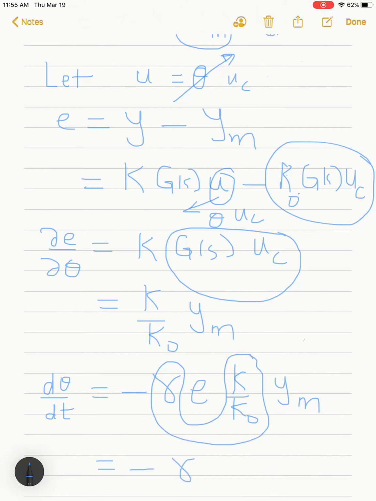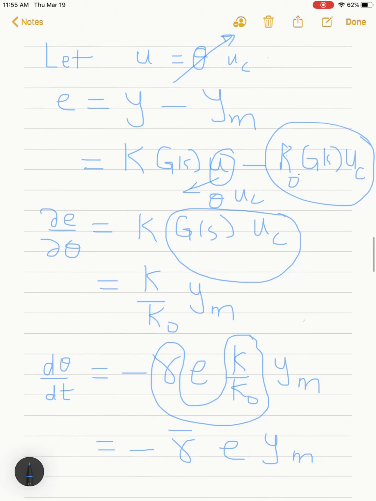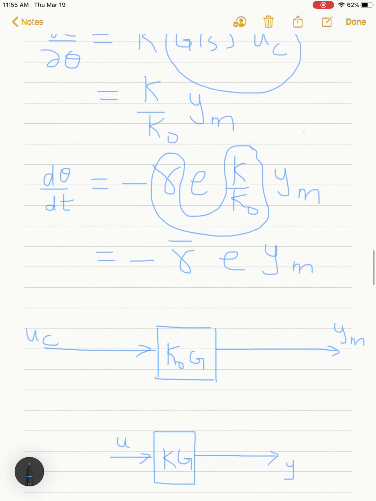So I will call that gamma, say, bar, and that would be e times ym. However, this assumes that at least I have to know the sign of the unknown parameter k. So I'm assuming here k is just greater than 0. It's a positive number. This is just an assumption. So it's unknown but constant and positive.